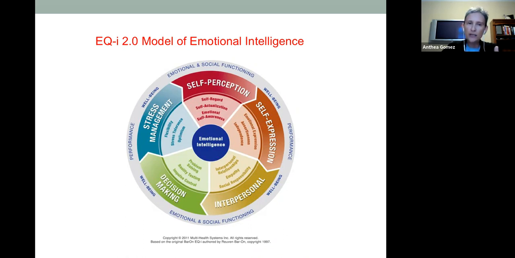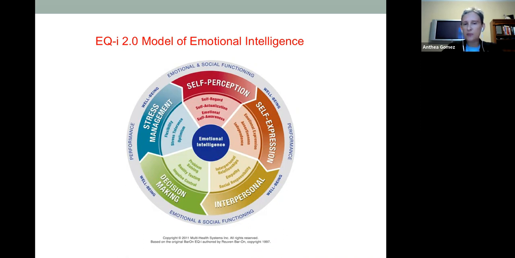So the report that comes out of this from an individual basis will describe how these EQ competencies and the sub-competencies within each of the competencies work together. And then it also provides suggested strategies for bringing your EQ competencies into balance for greater effectiveness.